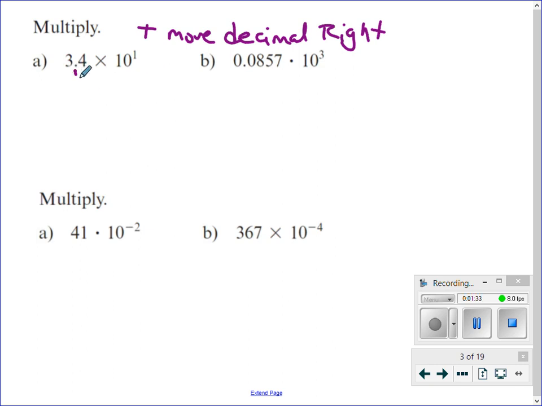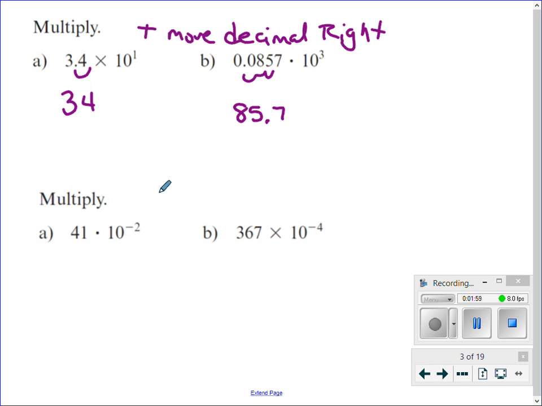So here's our decimal place. We're going to move it to the right one, so this becomes 34. Now this is positive 3. This means multiplication, so we're going to move it 1, 2, 3, so we're going to have 85.7. These two are equivalent. This is written in base 10, and this one is standard.